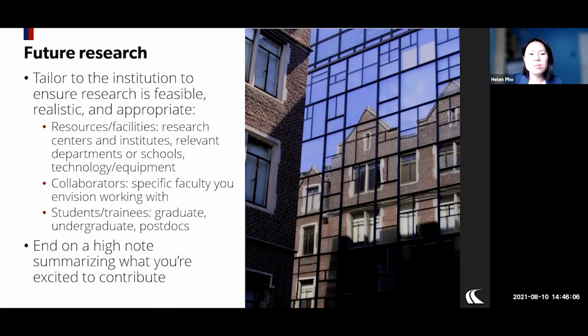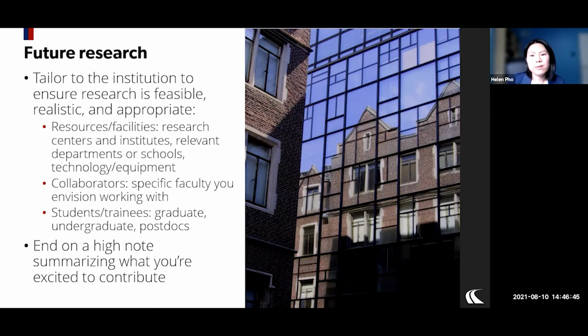What that boils down to is talking about centers or institutes on campus, other departments or schools, and technology or equipment that you would take advantage of or collaborate with, in terms of facilities and resources on campus. It's a great thing to mention, right? Because it demonstrates to the search committee that you've done your homework, you know what's there, and it gives them an idea of how you're going to engage with all of these other potential partners on campus.